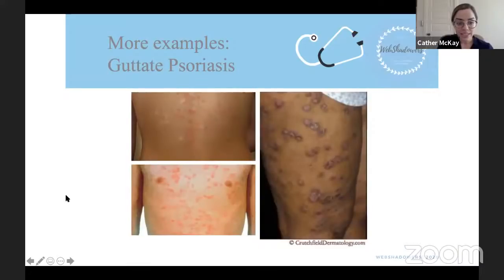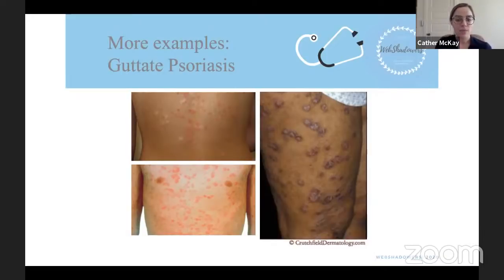And then guttate psoriasis is another form of psoriasis. Guttate means like these little spots of psoriasis. So rather than larger plaques, and it's often acute and it just flares up. It really freaks the patients out. It's usually younger patients, not always, but I feel like I've seen a lot of 20- and 30-year-olds.